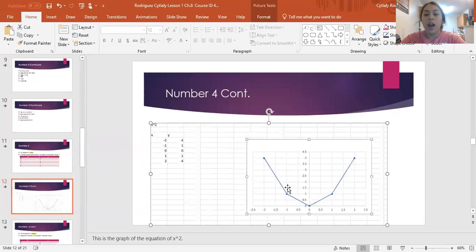And then when we graph it, we know that it lies on the x-axis and folds upwards. So it just does that big U.